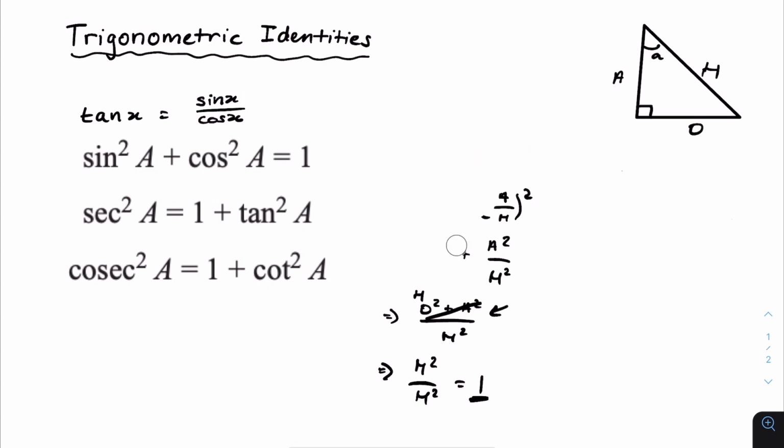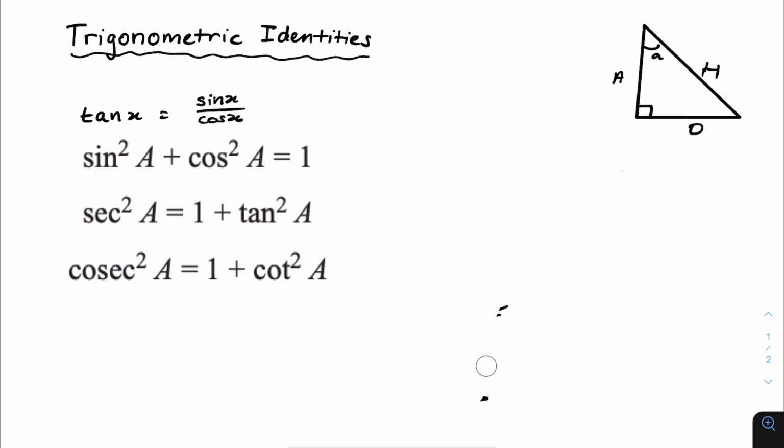So let's move on to the next one. Secant squared a is equal to 1 plus tan squared a. So actually, I'm going to cover what secant is in more detail in a future video, but it's good if we look at it over here right now. So secant is equal to 1 over cos.